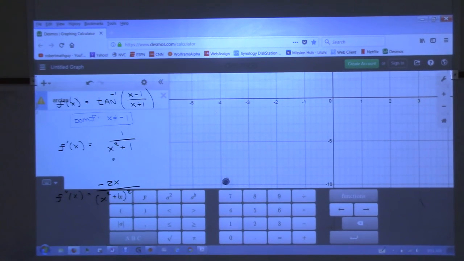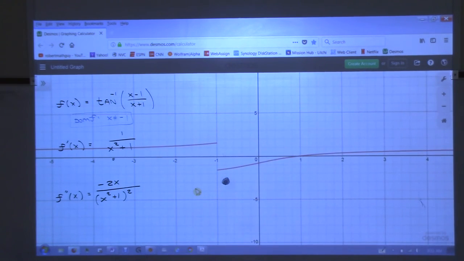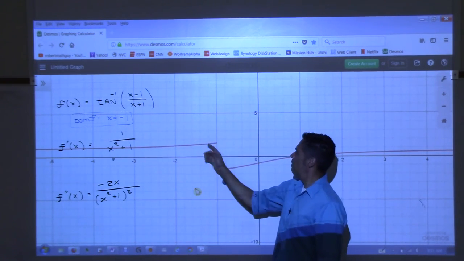Okay, so now arctangent of x minus 1 over x plus 1. Interesting. As we came in from the left, it was approaching pi over 2 at negative 1.